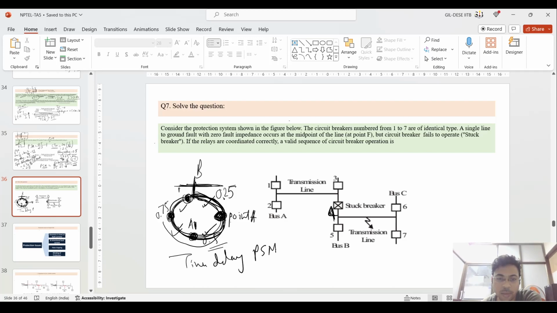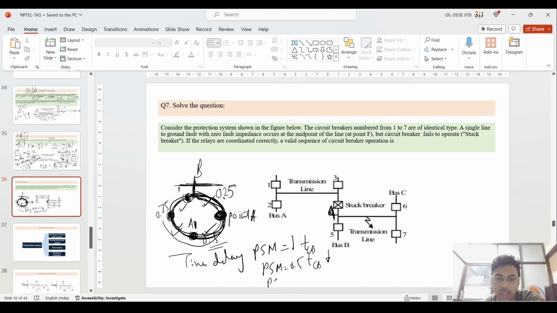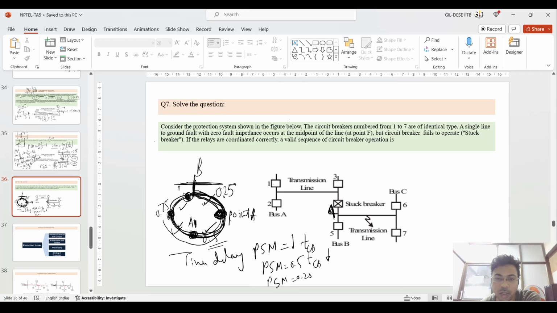It means you have to follow this whole circle, and the time delay is more when the PSM is very high. If PSM is equal to 1, the time taken by the CB to operate is more. When the PSM is 0.5, it takes less time to operate, and the CB time decreases. If the PSM is 0.25, it takes further less time to operate. That is the same concept, how much time it will take to operate.